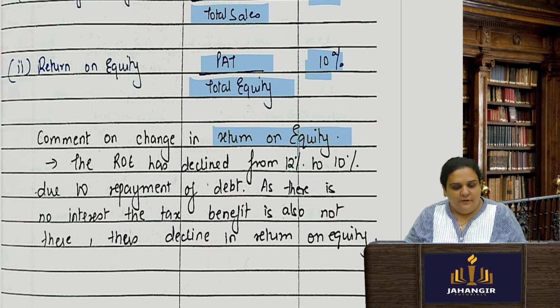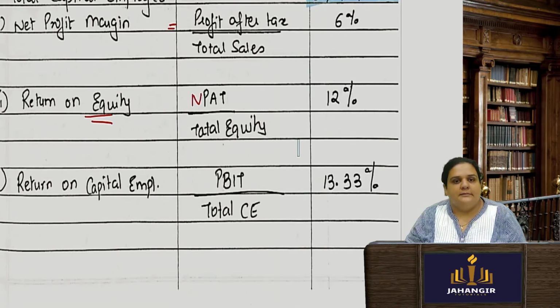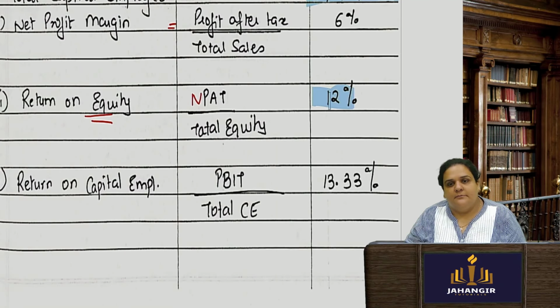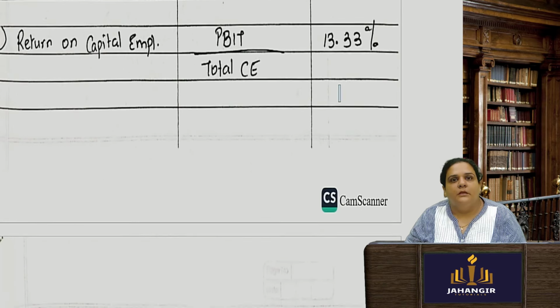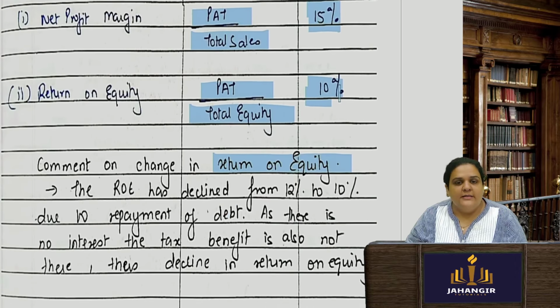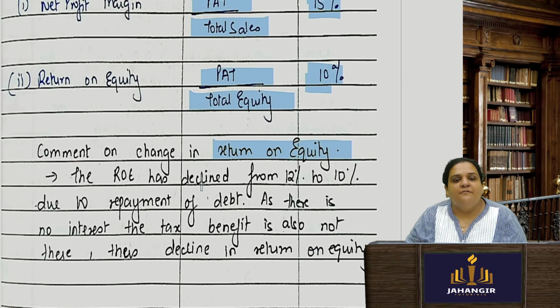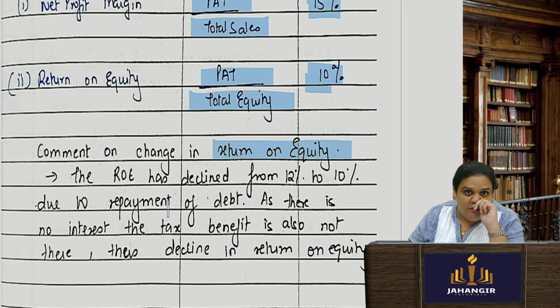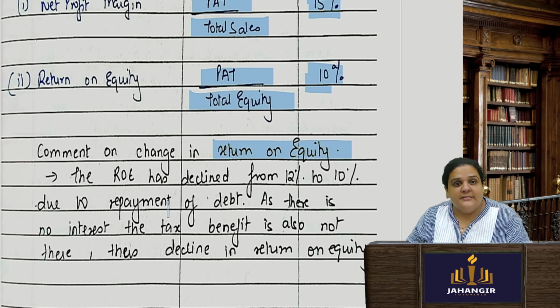Now return on equity, when there was debt, I had 12%. But now it has become 10%. Why so? Because you have repaid the debt. Since your debt is repaid, your equity shareholders' share has also become more. And there is no interest, so you cannot get some tax benefit.